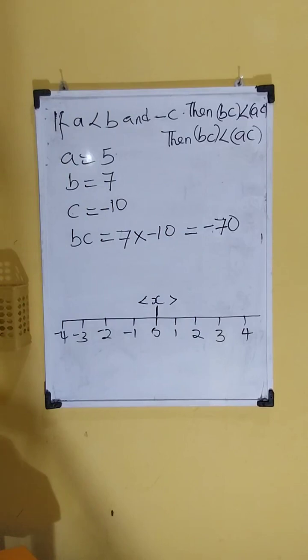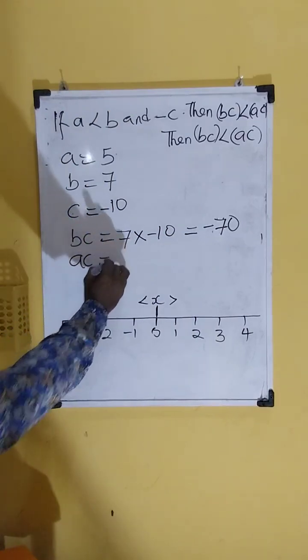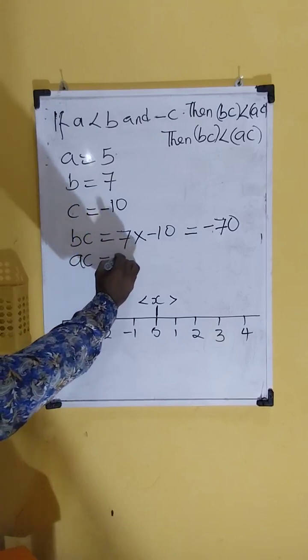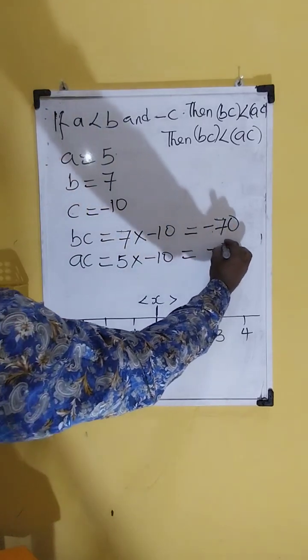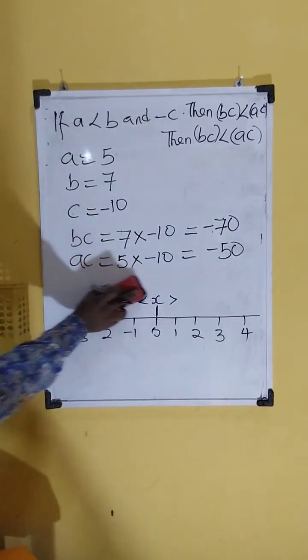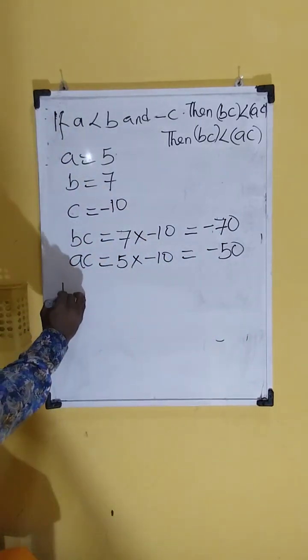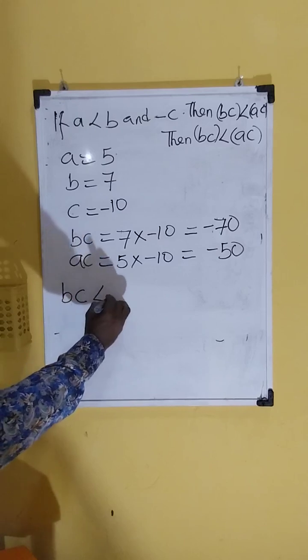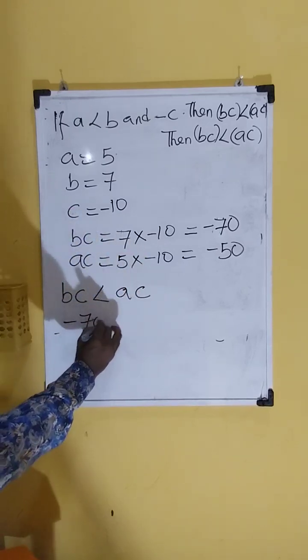Then AC equals 5 times minus 10, which equals minus 50. Therefore, BC, that is minus 70, is less than minus 50.